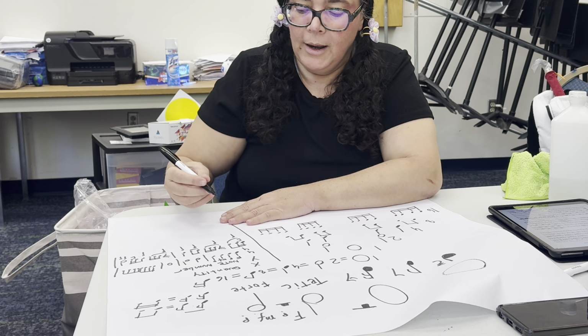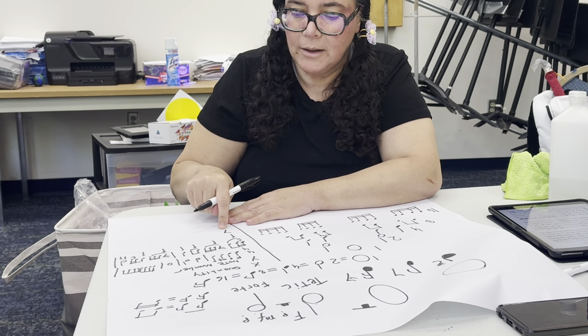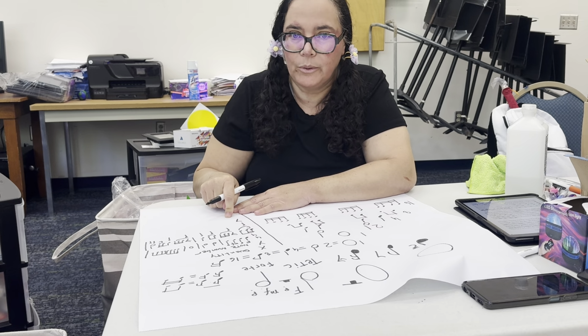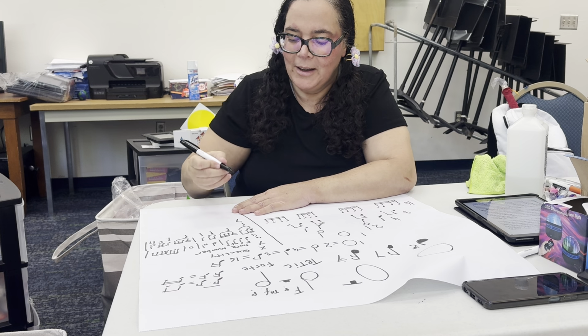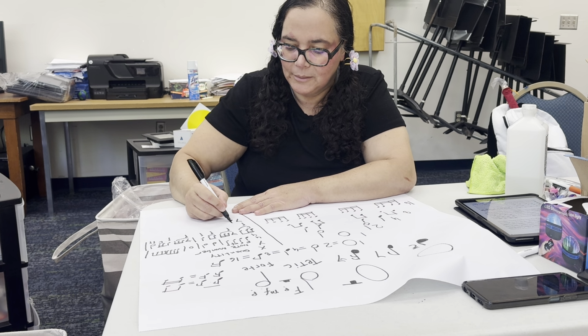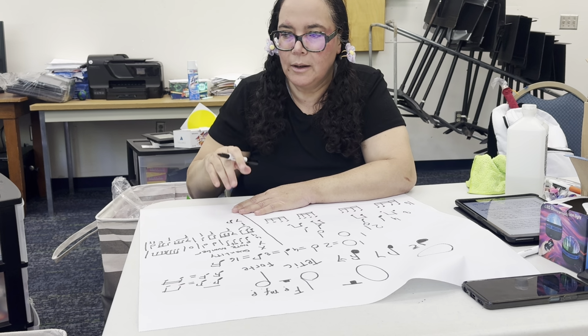So if I start a measure with the eighth rest, I will call this acéfalo, no head, cut off the head. At the same time, I can call it anacrusis. Ta.